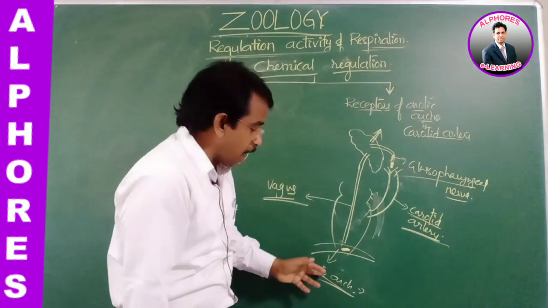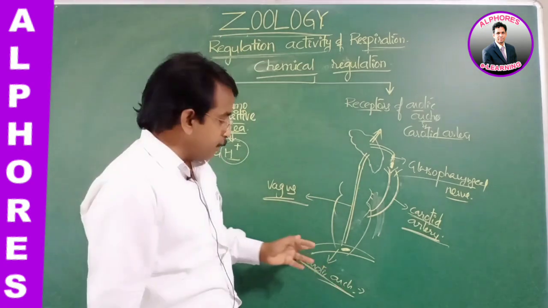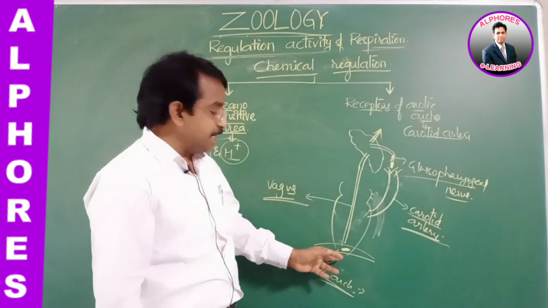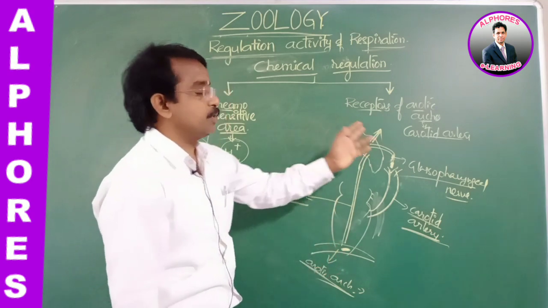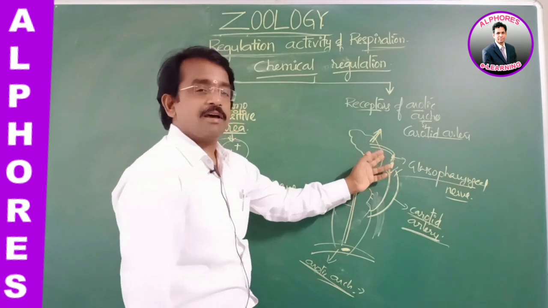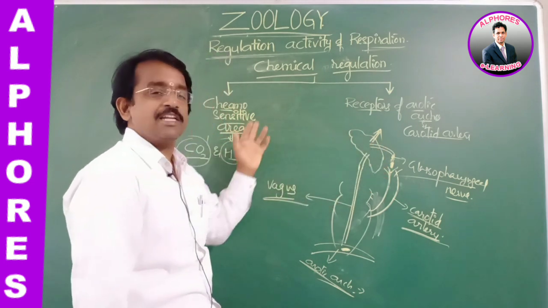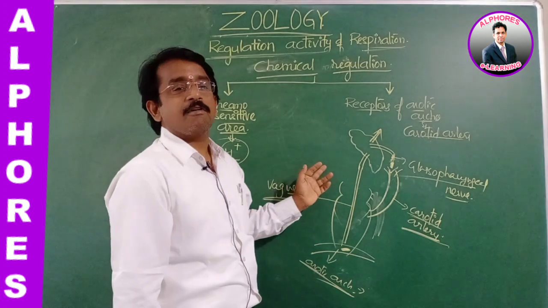The same way the aortic arches, containing the receptors, give the signal via the vagus to the medulla oblongata respiratory rhythmic center, that in turn to the ribs and the diaphragm.